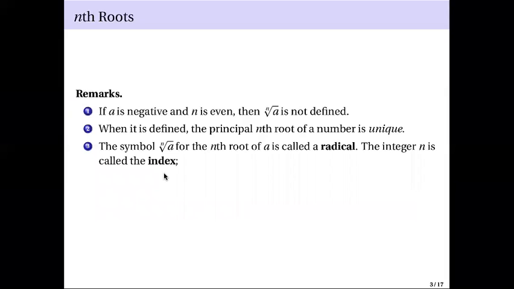And a is called the radicand, the one that is inside the symbol. So this symbol, we call it radical. The n that we see here is called the index. And the number a there, the one that is inside the symbol, we call it the radicand.